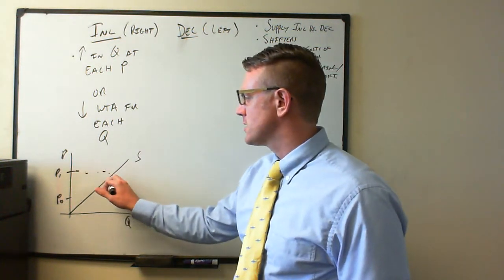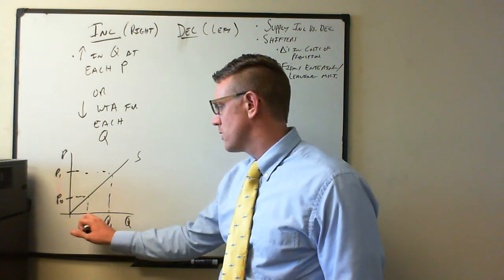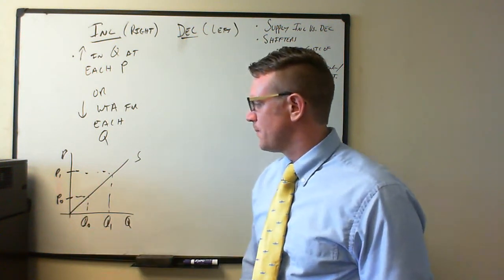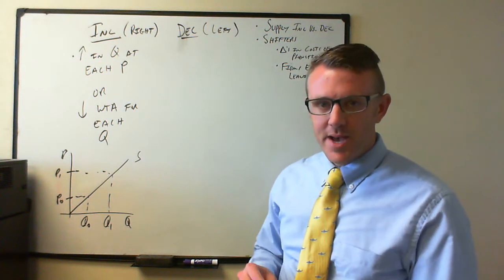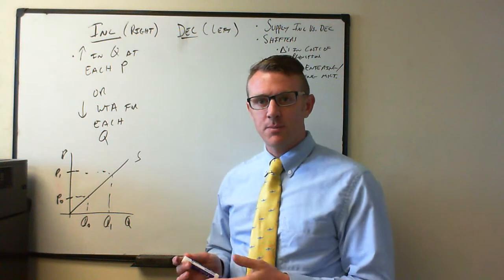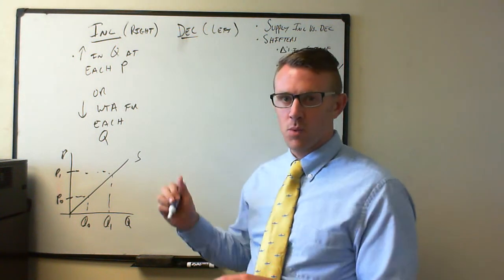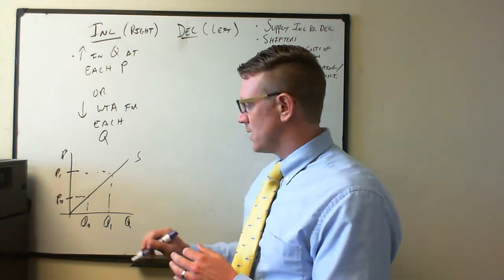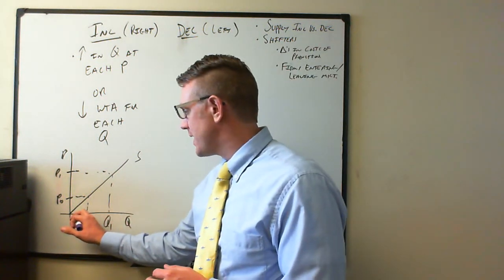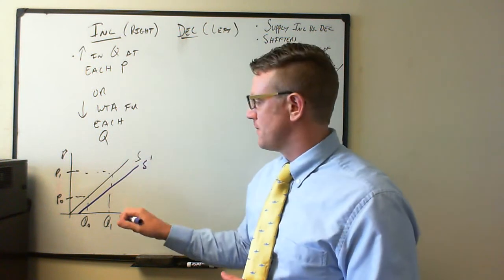And they're originally going to supply some quantity, Q1, Q naught. An increase in supply means that for any given price level in the market, the supplier can afford to supply more quantity, right? And so that's why we have a rightward shift representing an increase.